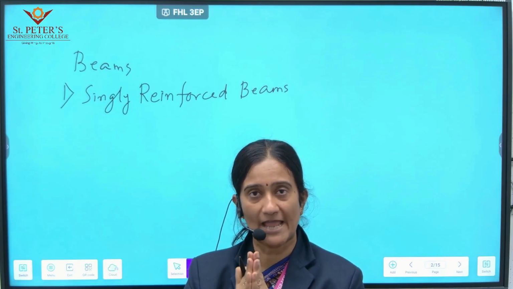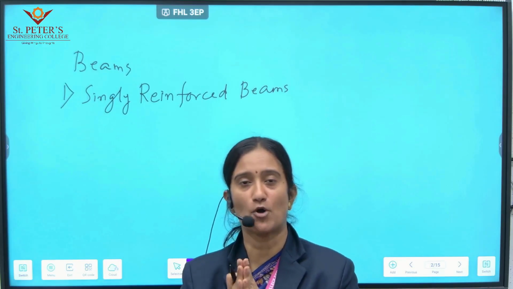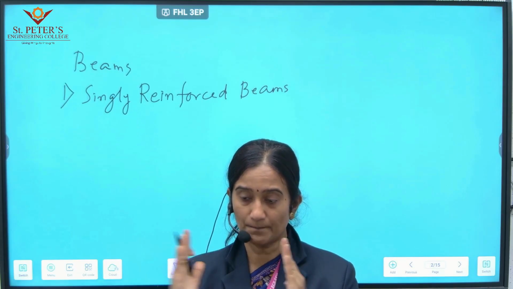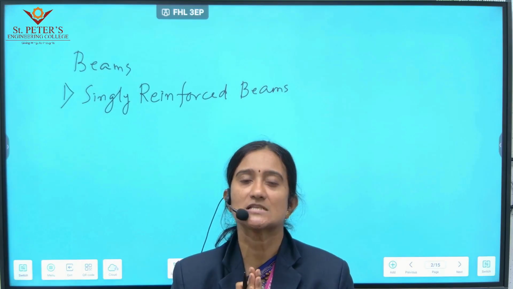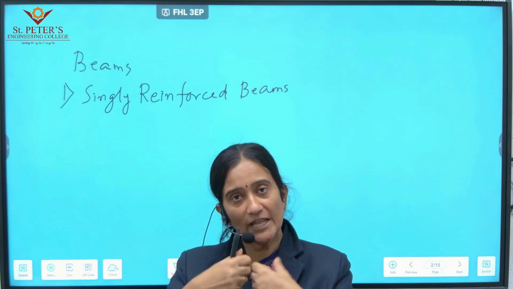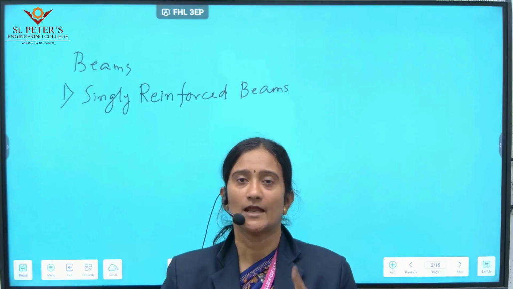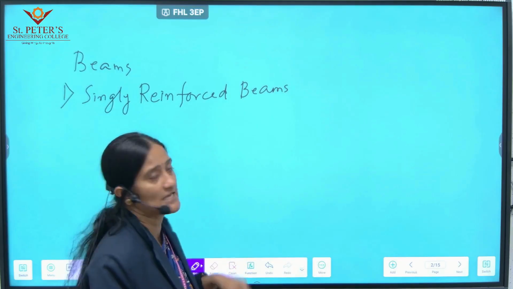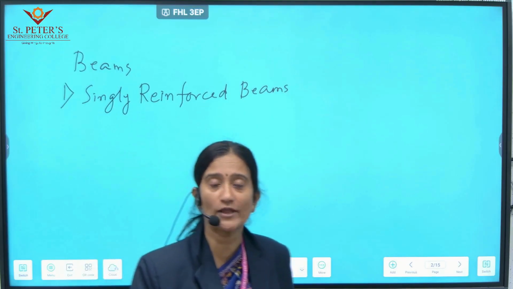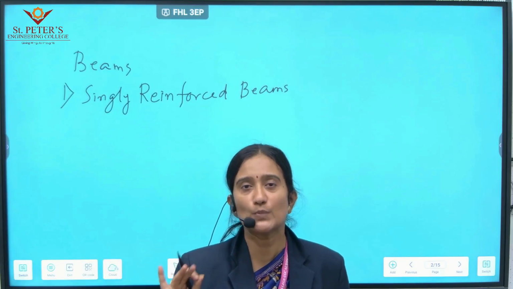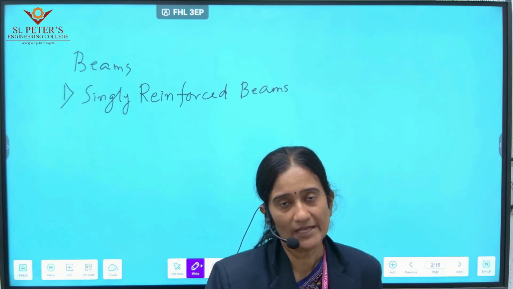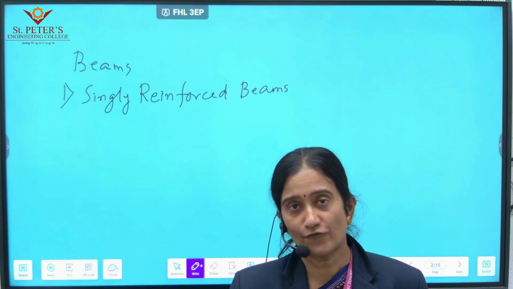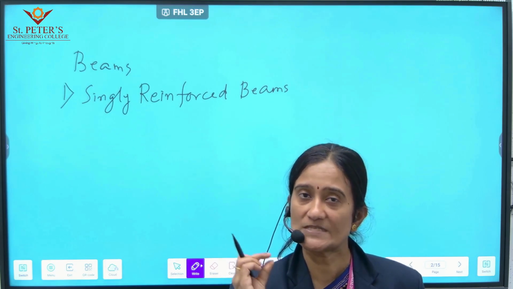When we are applying a force on a structure or any body, pushing it inside, it is known as compression. When we are pulling a force apart like this, it is known as tensile force or tension. So concrete is very strong in compression, but weak in tension. That's why we are using reinforcement, or steel.